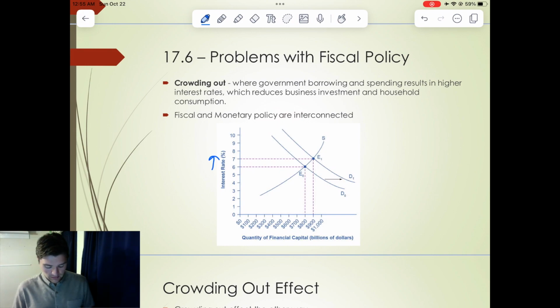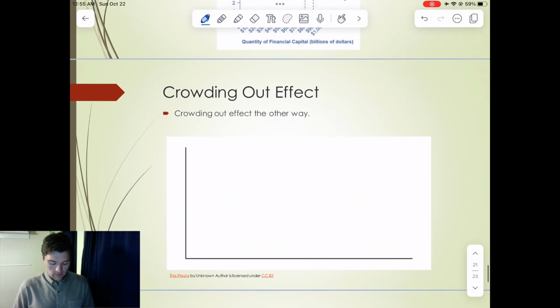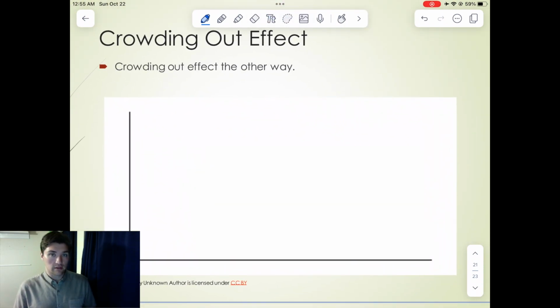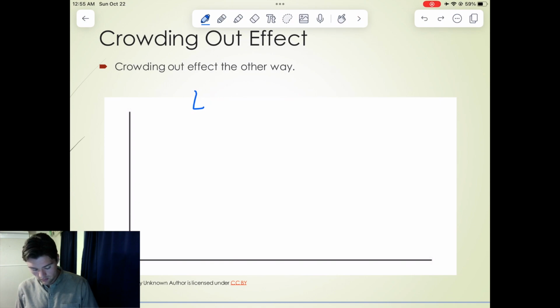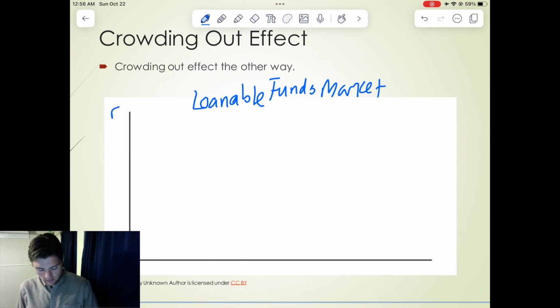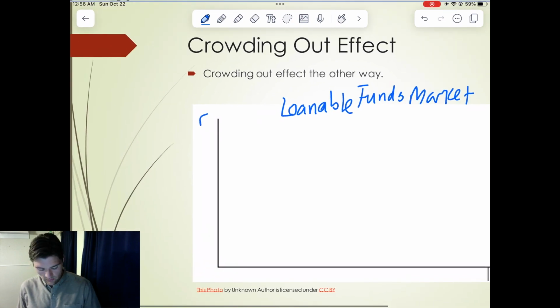So let's talk about this crowding out effect. I like to think of crowding out working like this. Here we have the loanable funds market. Here we have R, which, remember, was the real interest rate.